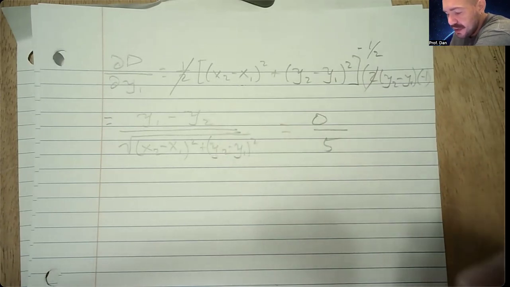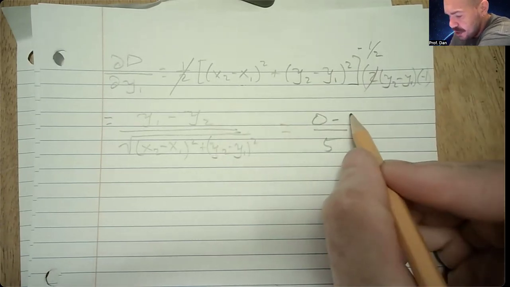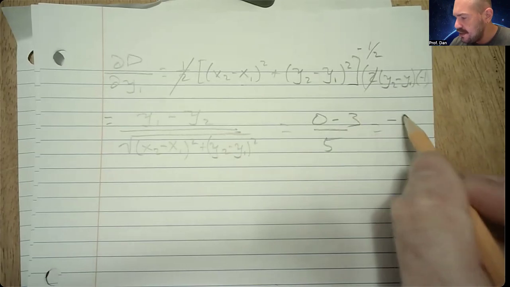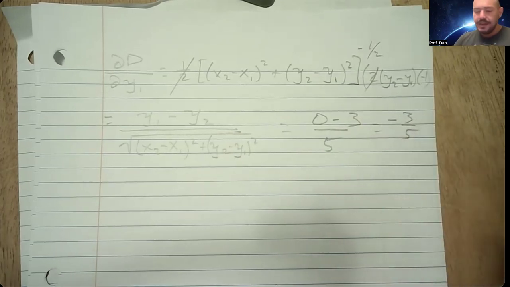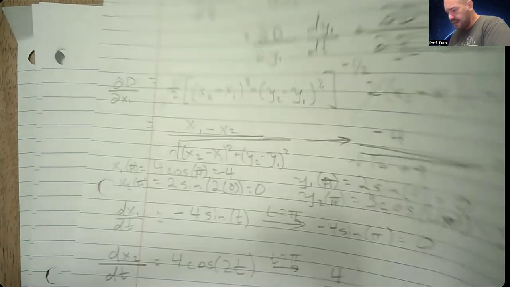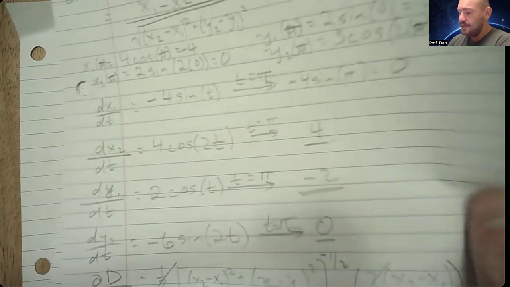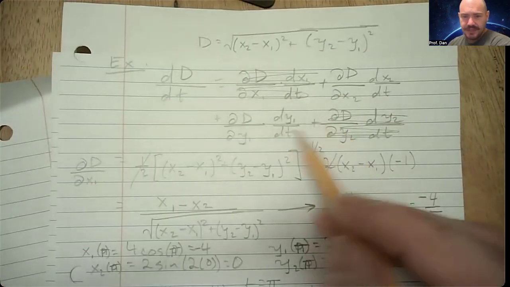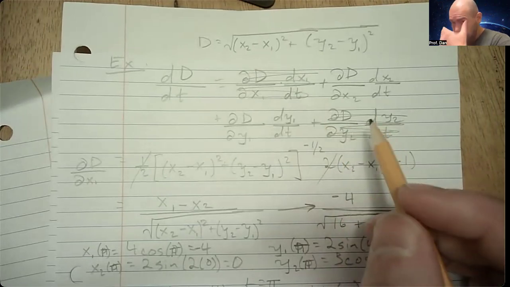So if t is equal to pi, this would end up just giving me 3 times cosine of 2 pi, which is 1. So altogether, that ends up being -3/5. And again, because dy2/dt ended up being 0, we aren't going to need to figure out that partial because that term will end up being 0.